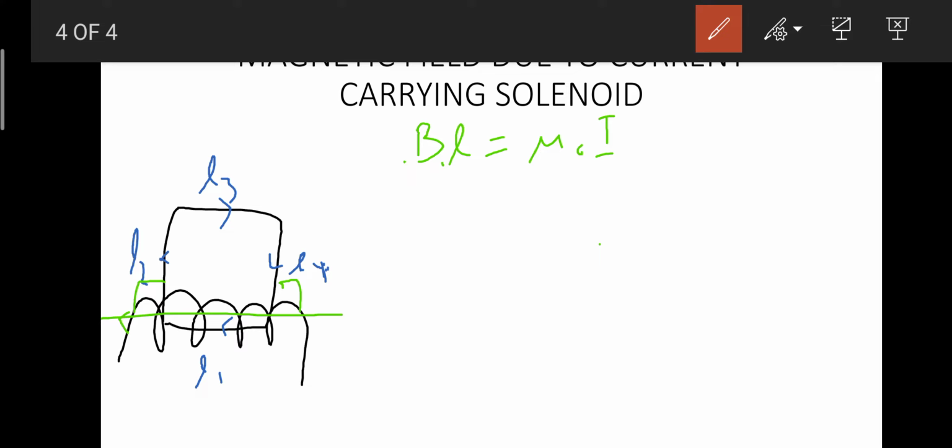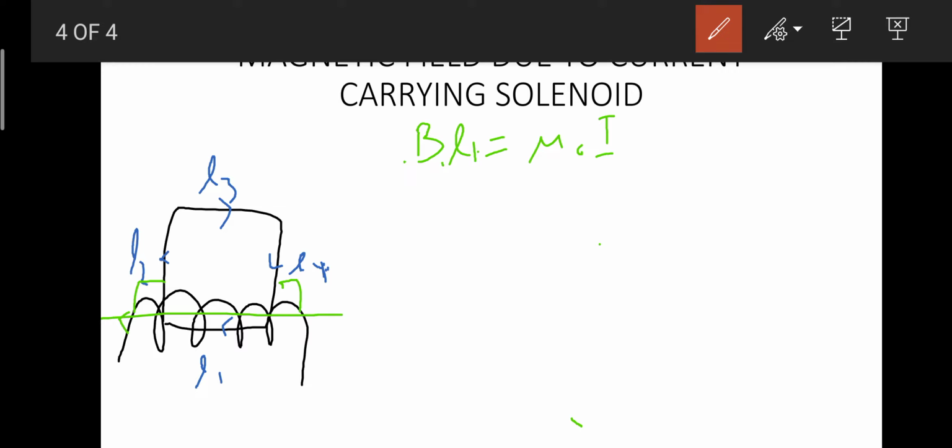This I, now I'm definitely going to see what is the net current which is flowing through this particular solenoid. So I'm going to see, in this particular Amperian loop, how the current is passing, right? So what would be the value of the net current?